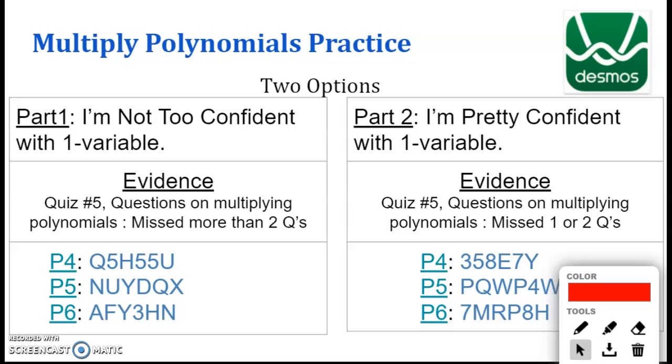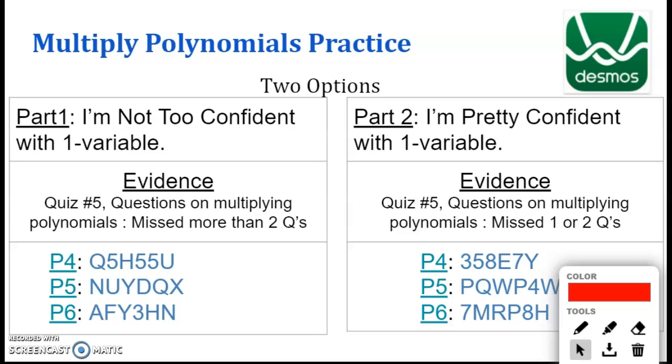And finally, you spent the rest of the time working on the Desmos activity. You had two options, depending on how confident you were with multiplying polynomials. If you were very confident, then you would do part two of the Desmos and you would join this link that I will be putting out. If you are not very confident, then you will be doing this link here.